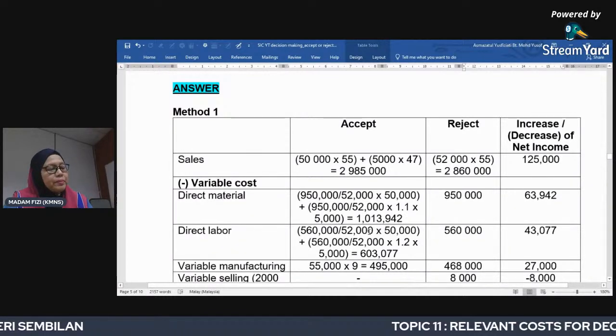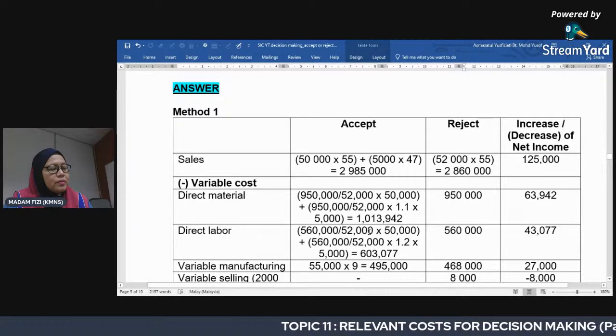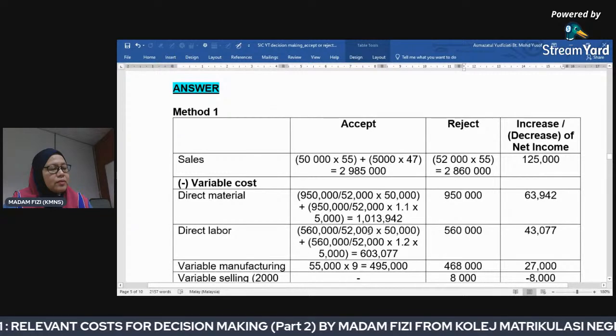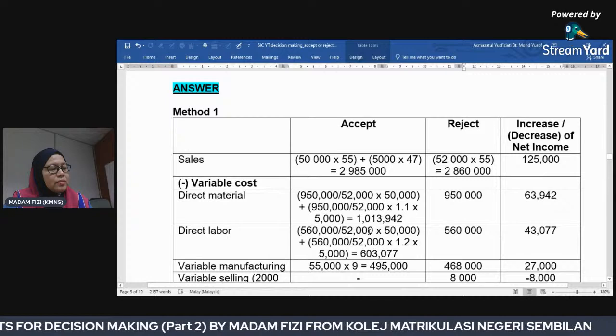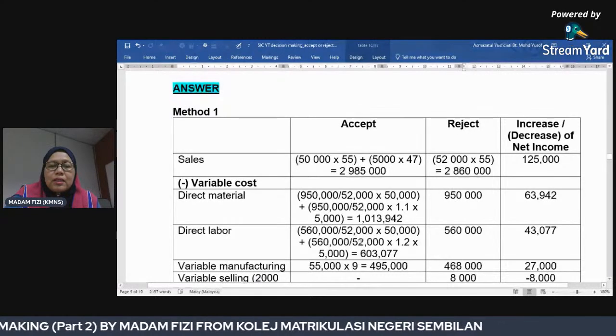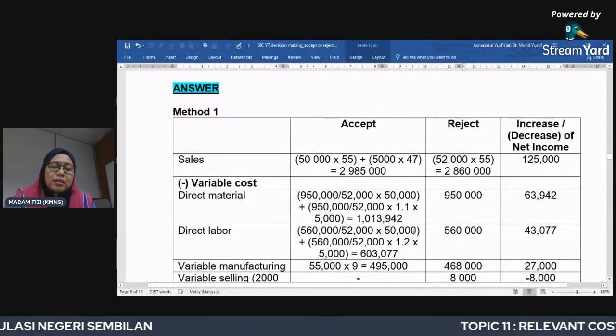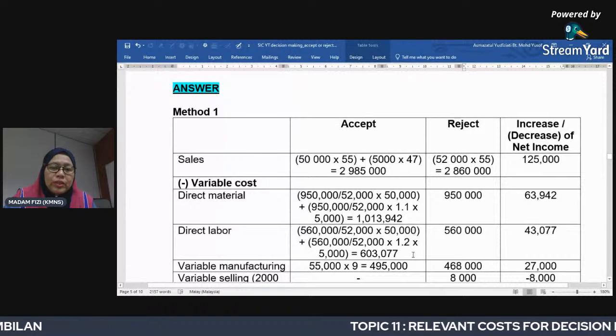So dapat berapa tu? Times dengan 50,000. 50,000 ni adalah yang asal. Ya, dia dah berkurang kepada 50 tadi kan?